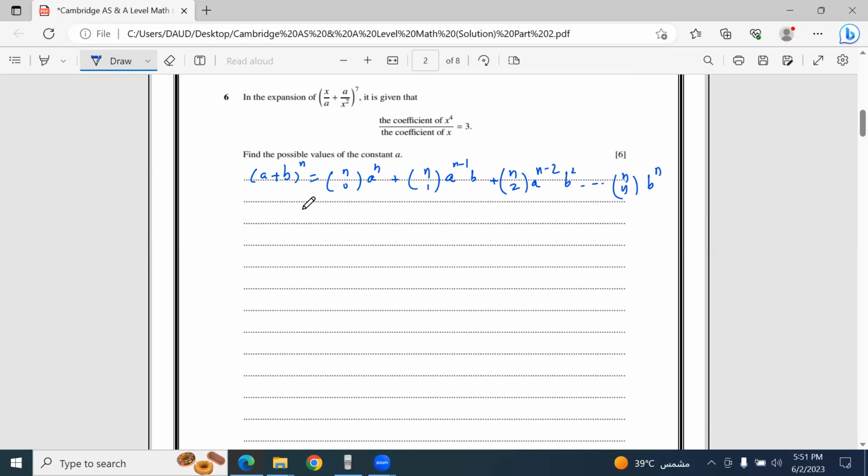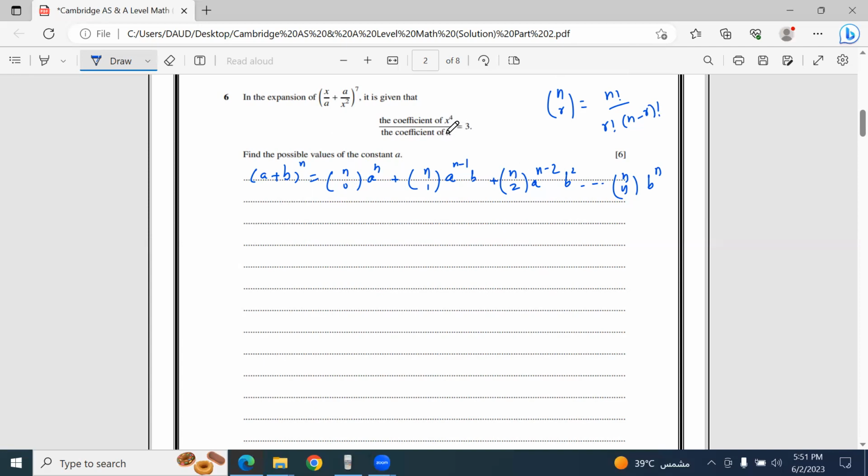We will apply the binomial expansion here, and nC0 or nC1, how do we find them? We can use this formula.